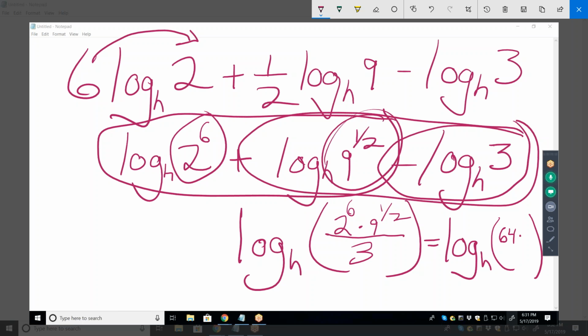What's 9 to the 1/2? Well, you need to know what the 1/2, very good. In other words, that means the square root of 9, right? That's what 9 to the 1/2 means, is the square root of 9.